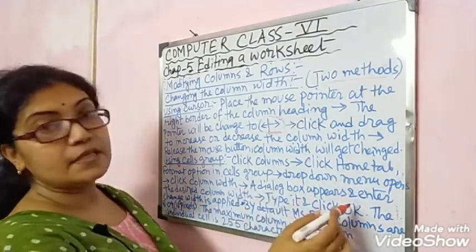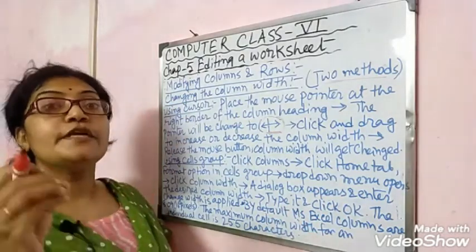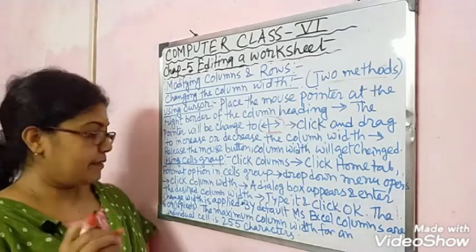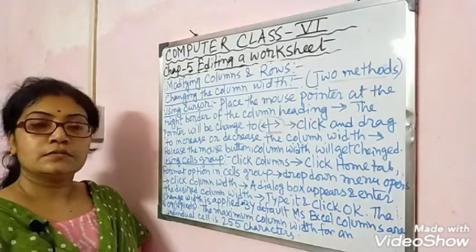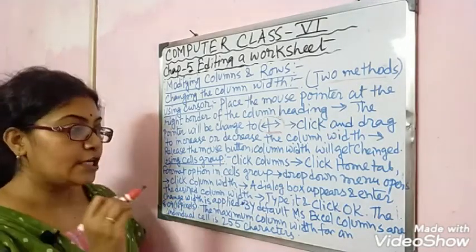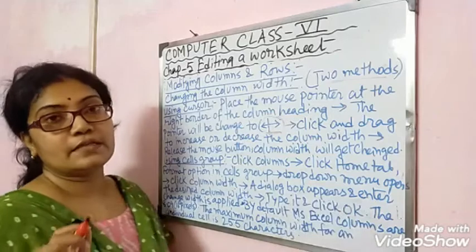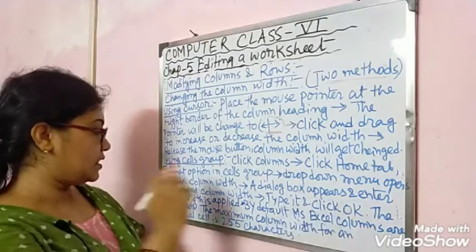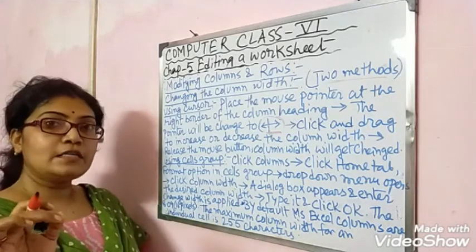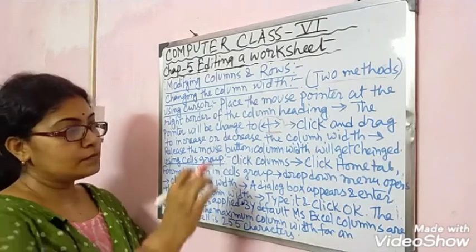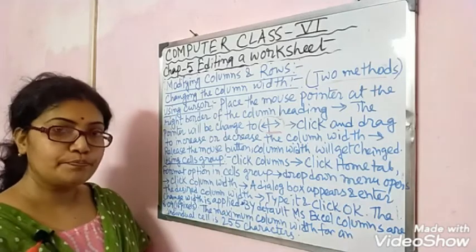A dialog box appears, prompting you to enter your desired width. Type the desired column width and click the OK button. The changed width is applied. When you click OK, you can see the column width rectified in front of you.